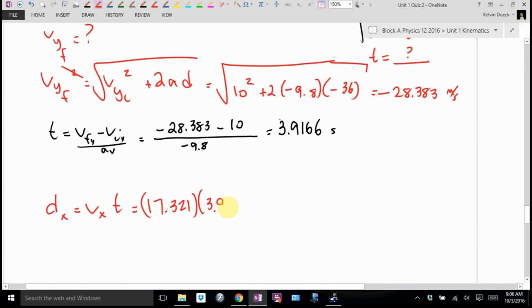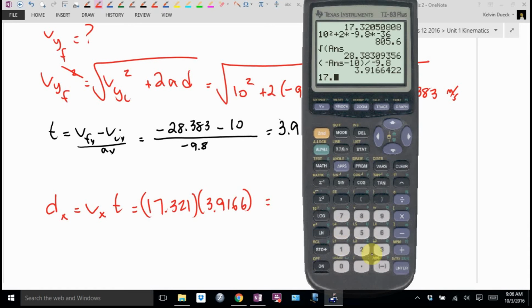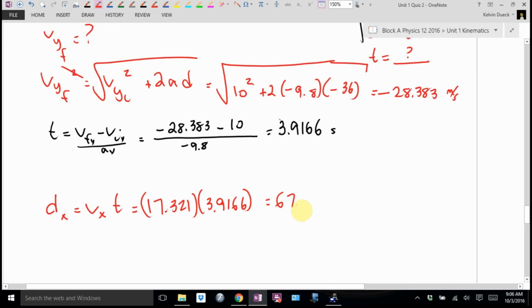The time is 3.9166. 17.321 times, answer button. Whew, you get a range of 67.8. Now, the fact that there's a 4 here, I'd probably take 67.9. In fact, you know what? I'd take 67.7. In fact, heck, I'd take 68 if you went to 2 sig figs. Okay? I'll go 67.8 here.